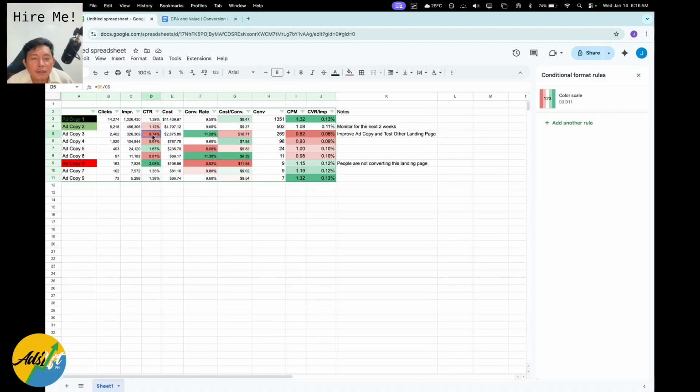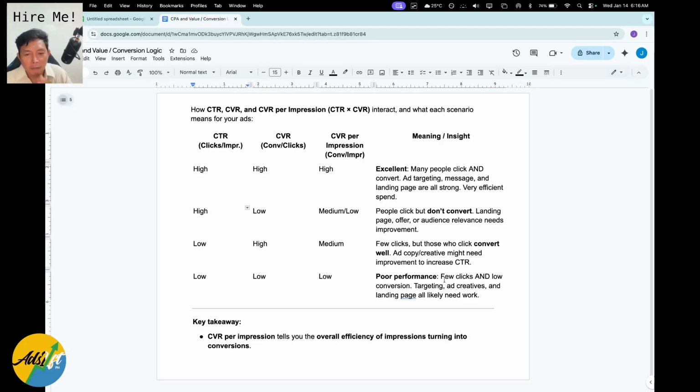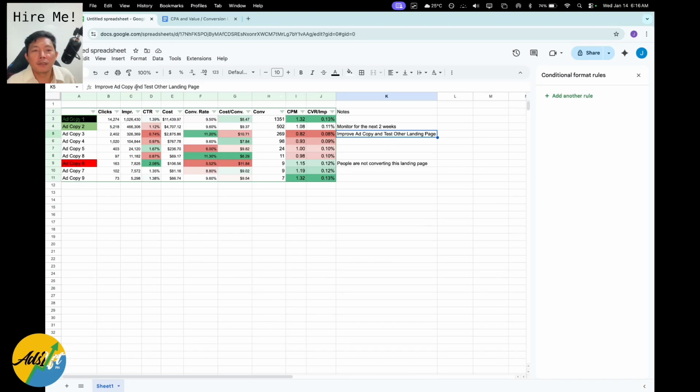So meaning low CTR, this one needs improved ad copy, and this one needs an improved landing page.